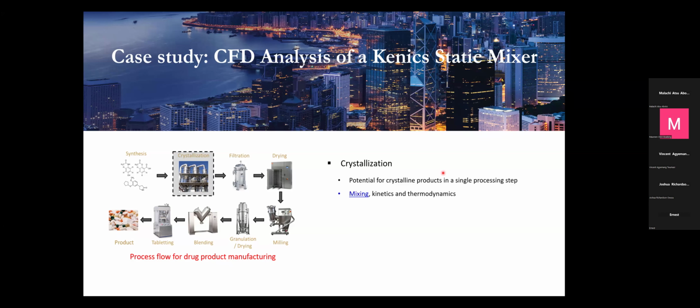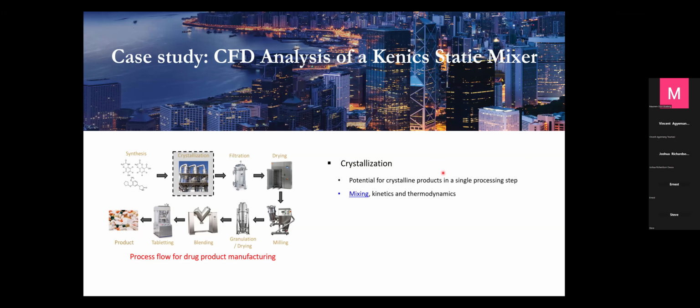So if your crystallization step is bad, you would have issues with drying and all of the final steps as well. Crystallization requires supersaturation.